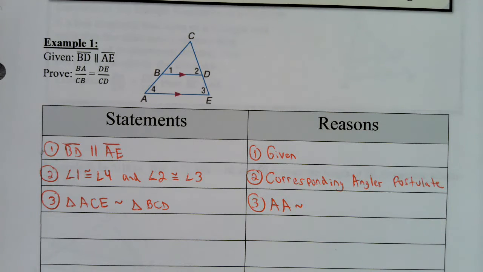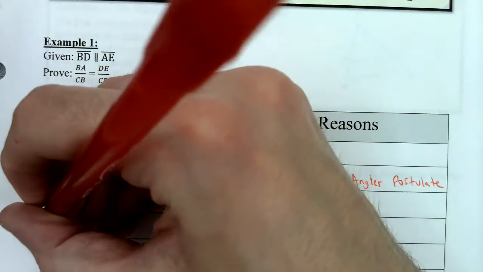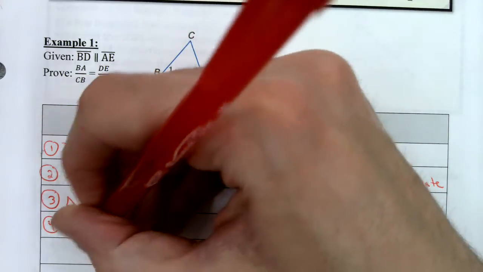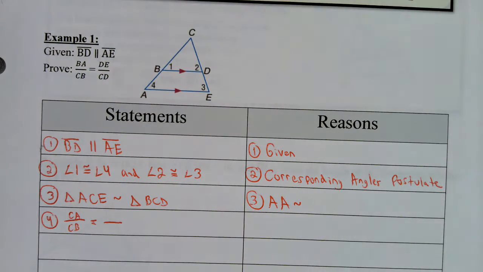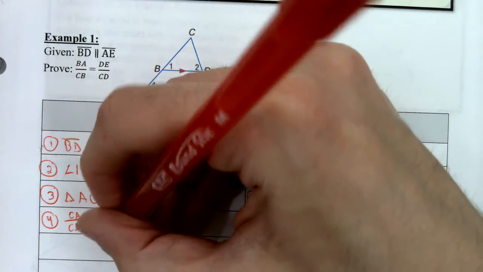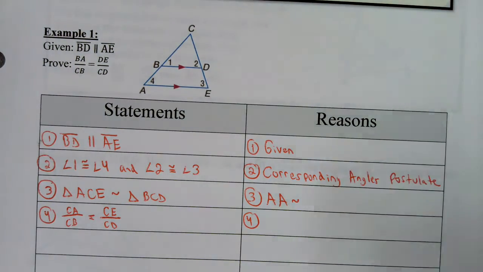So it means I can say that CA over CB equals CE over CD. That's the definition of similar triangles.